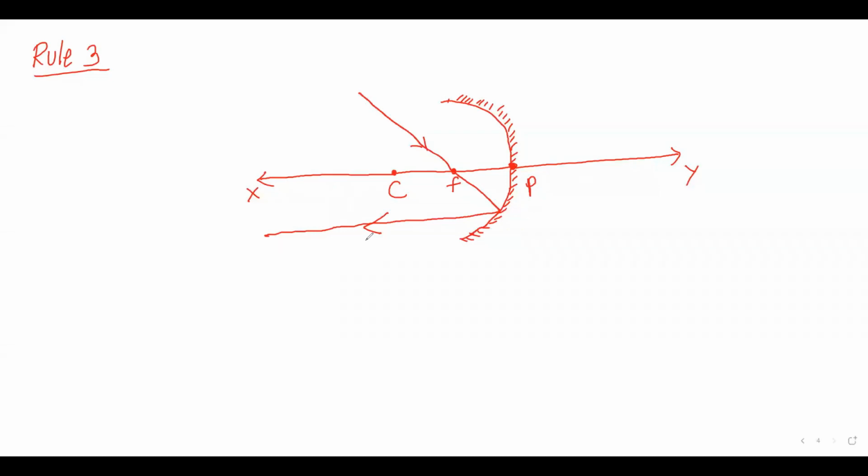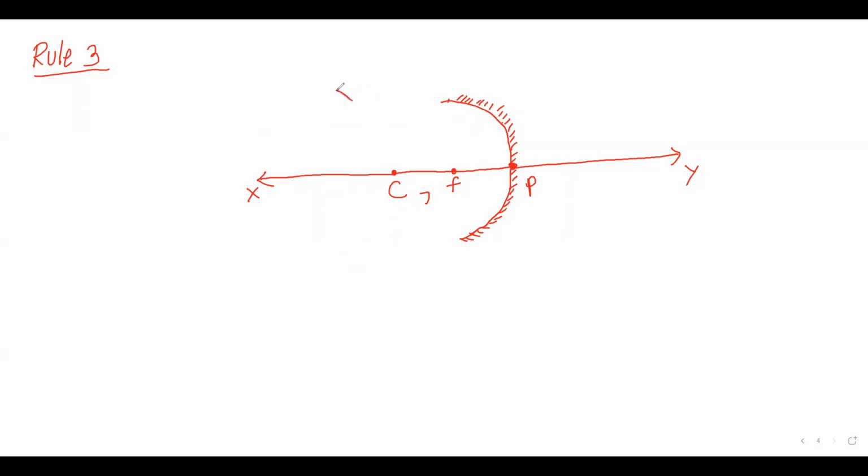It becomes parallel to what? The principal axis. You can even draw the figure like this. You can even take the ray from the bottom. Any ray passing through the focus will become parallel to the principal axis after reflection. You can draw the diagram from the bottom like this, but generally we draw this way.